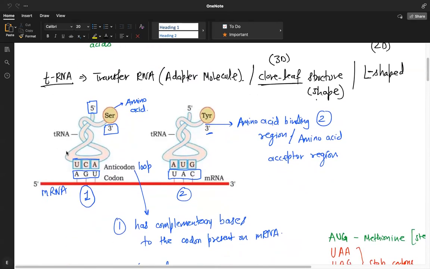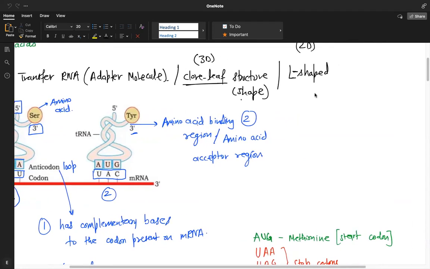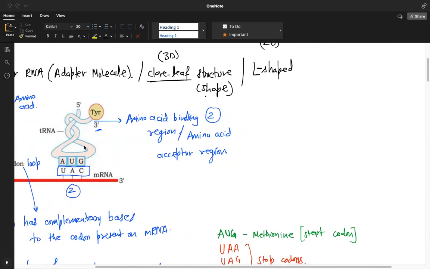And then we went on to understand tRNA, which is an important crucial factor in translation. tRNA is called transfer RNA, or also known as the adapter molecule. In 2D, the books often describe tRNA as an L-shaped molecule, but actually in 3D, it's clover leaf shaped.